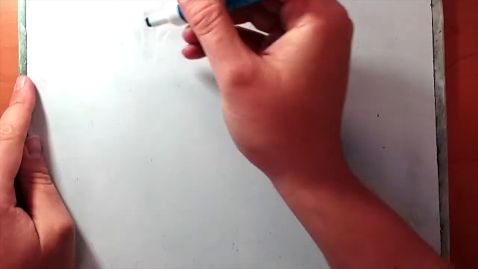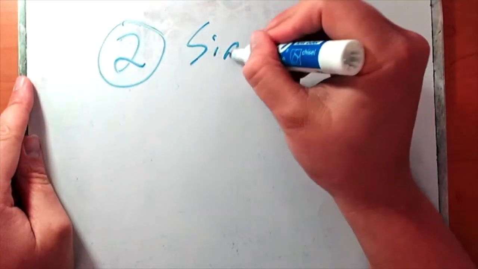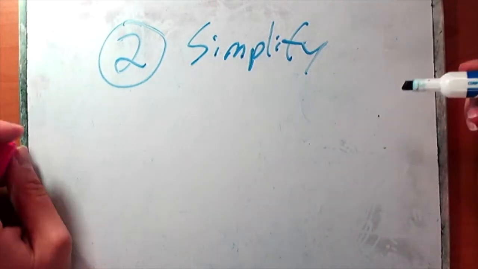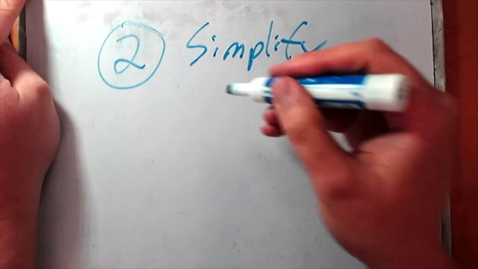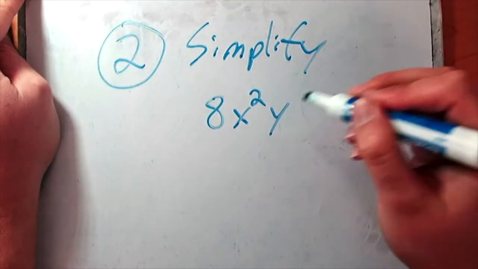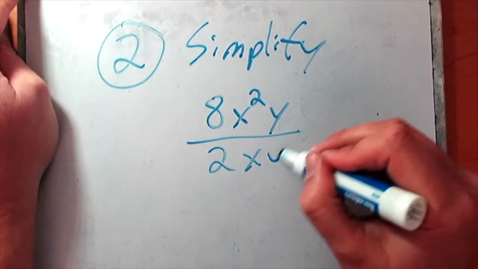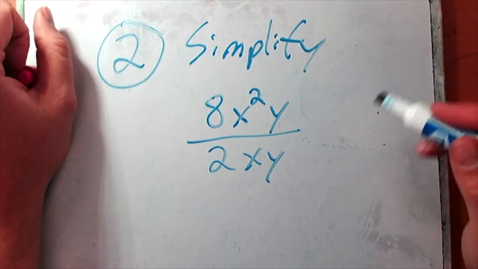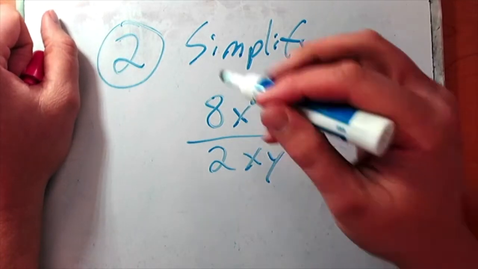So I hope that is helpful for the first one. The second question, we want to simplify. So what the heck does simplify mean? It means reduce it to its simplest form. So if I have 8x squared y over 2xy, there's a couple things you should see here. First off, you can actually factor these down.